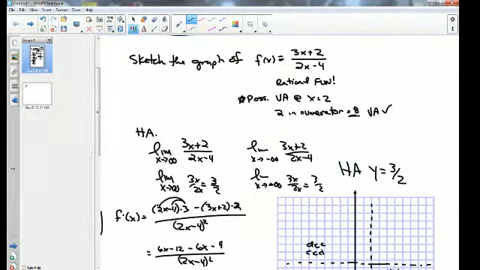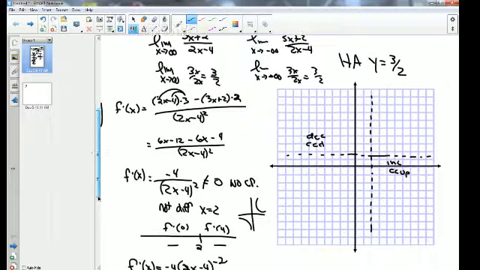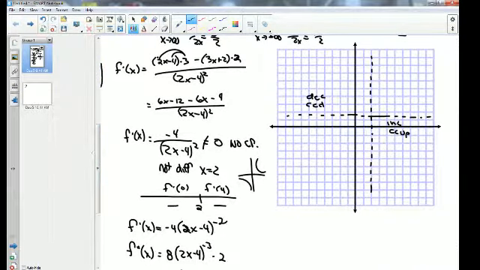That's positive, correct? So it's going to follow the same pattern as 1 over x. Does that match our first and second derivative criteria? Yes.